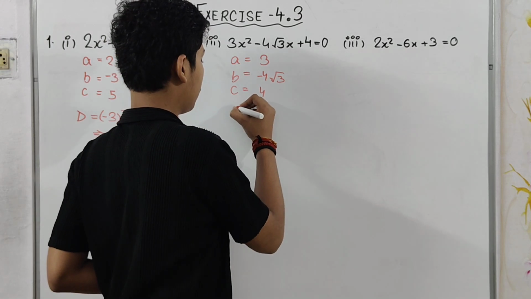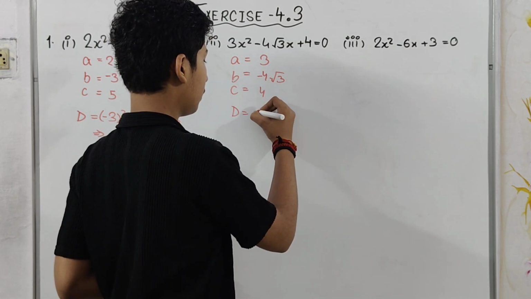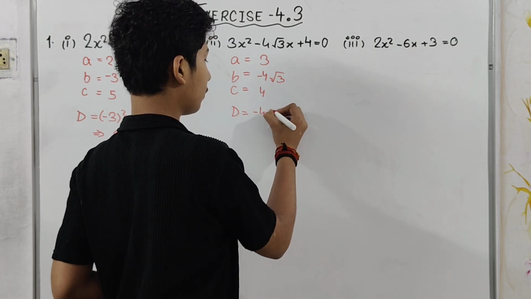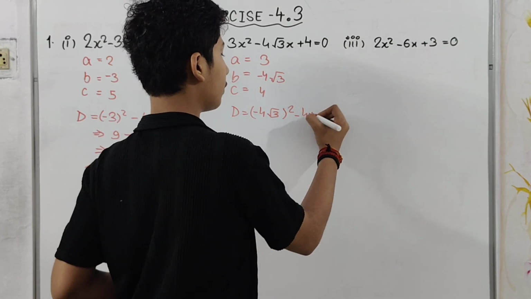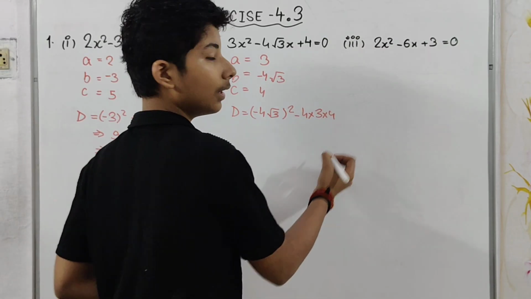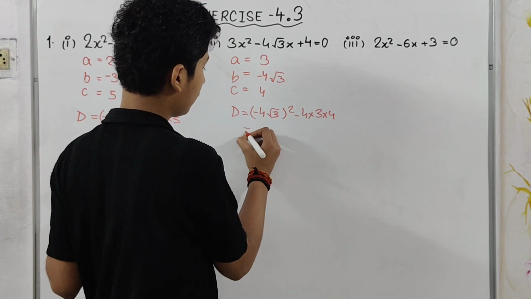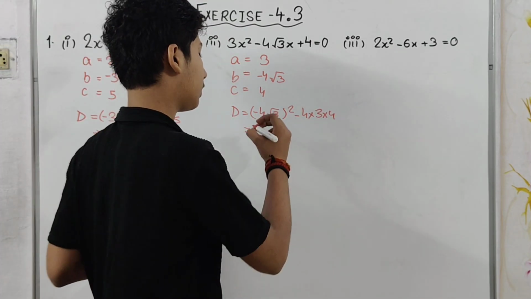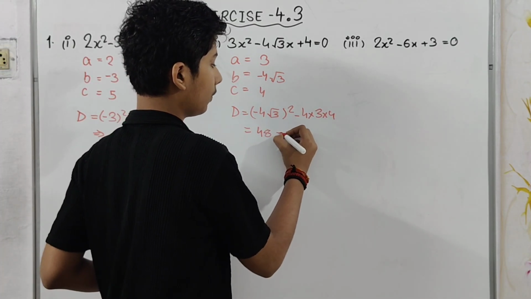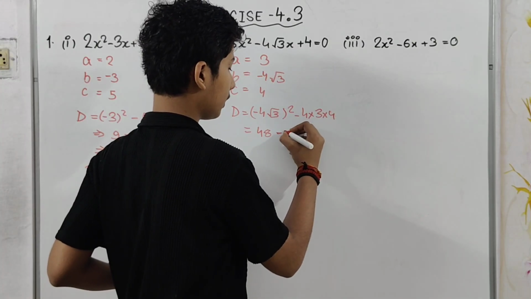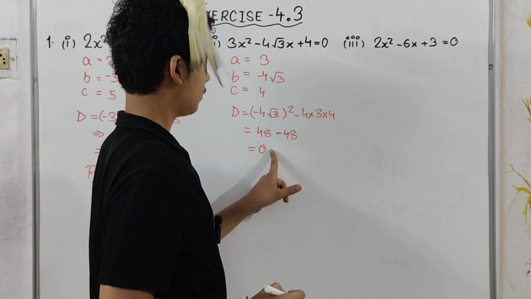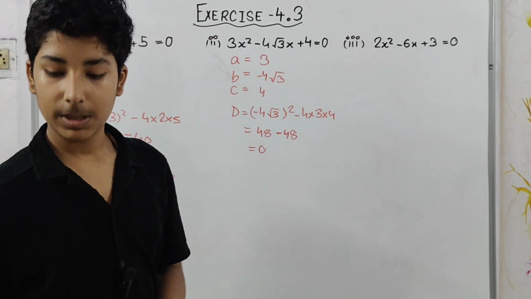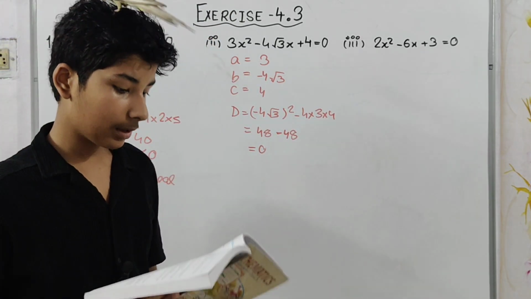So D equals minus 4 root 3 square minus 4 into 3 into 4. Now let's solve it. 4 square is 16, 16 times 3 is 48. Minus 4 times 3 times 4 is 48. So the discriminant is coming 0.